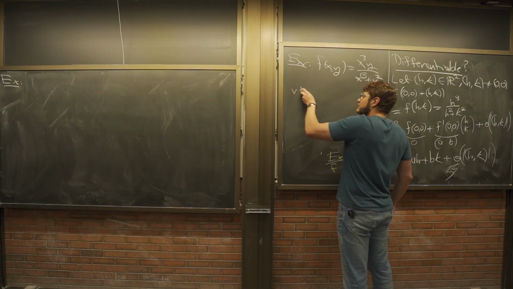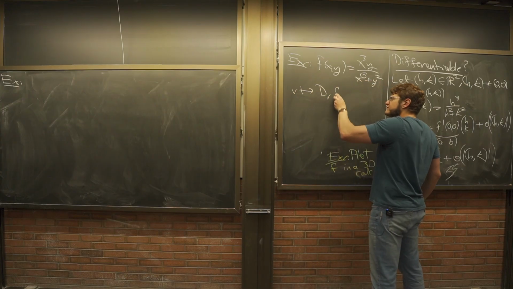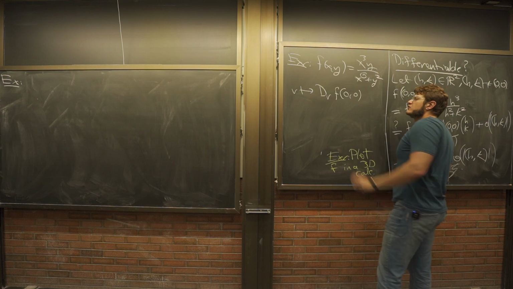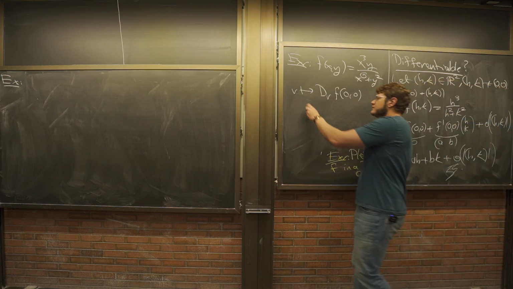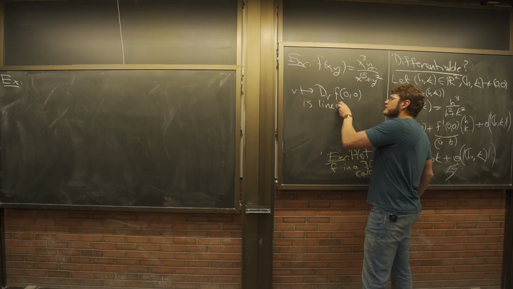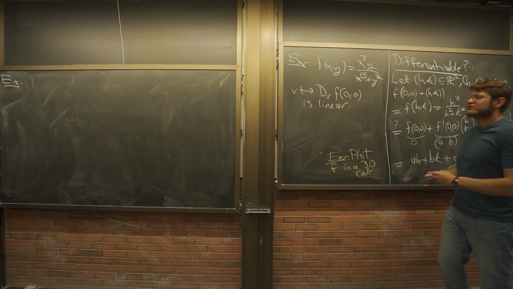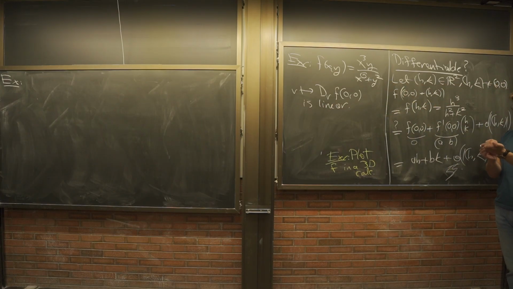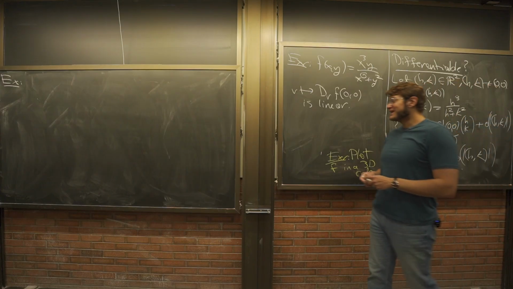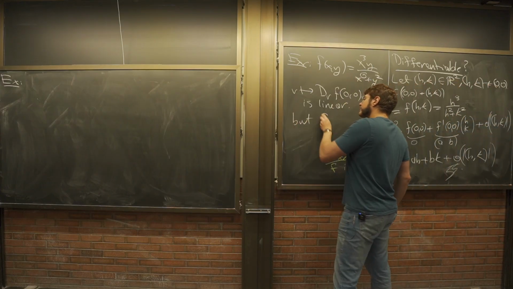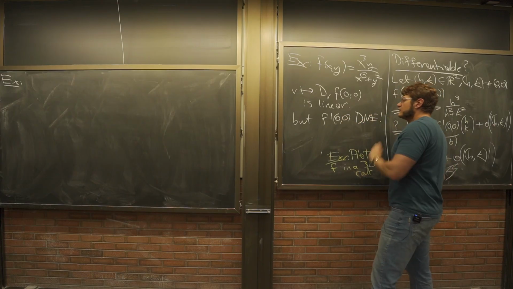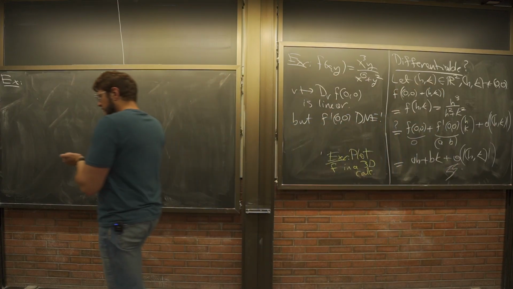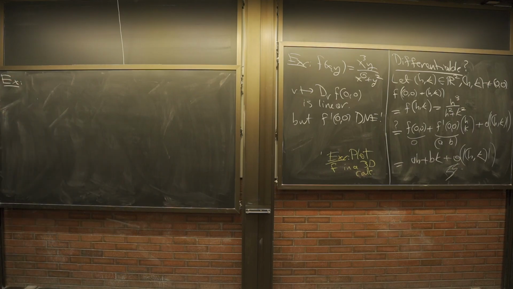So v sent to the directional derivative of f at the origin, this is a linear function. In particular, directional derivatives at all points in all directions exist. But again, f prime doesn't exist. Okay? Calculation is very similar. I'm going to leave it to you.